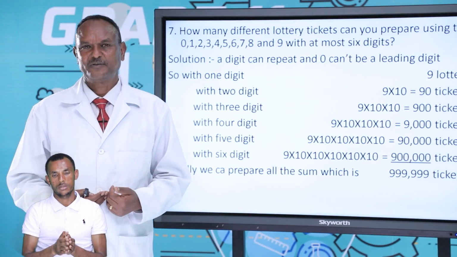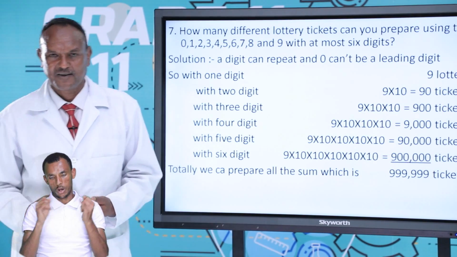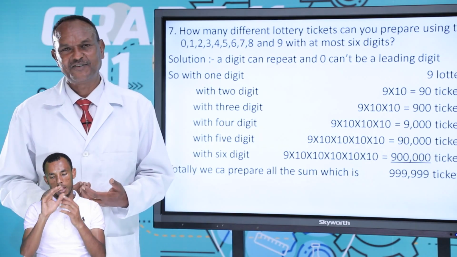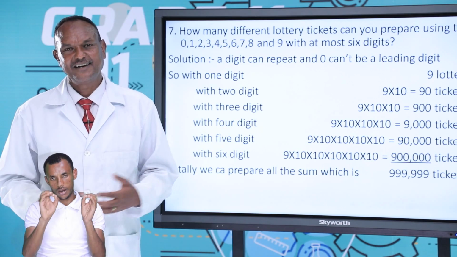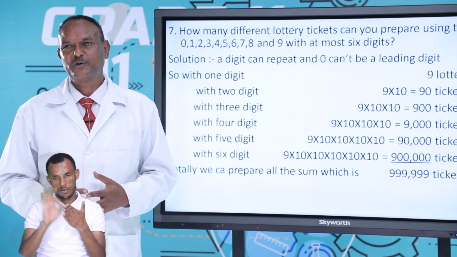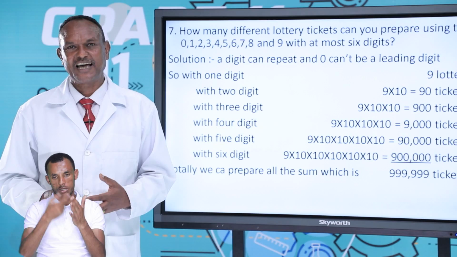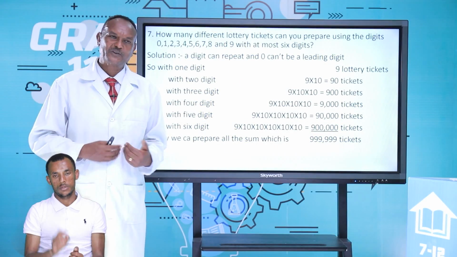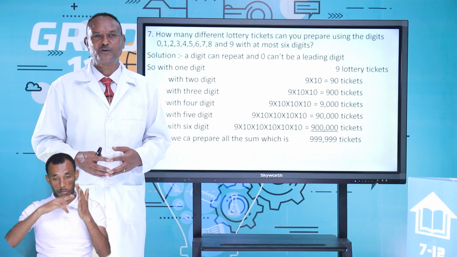The idea of factorial we have discussed. If n is a non-negative integer, then n factorial means the product of the first n natural numbers. 0 factorial was defined to be equal to 1.